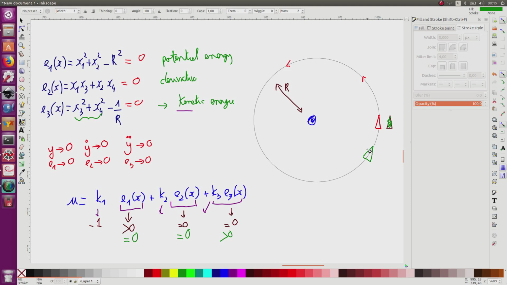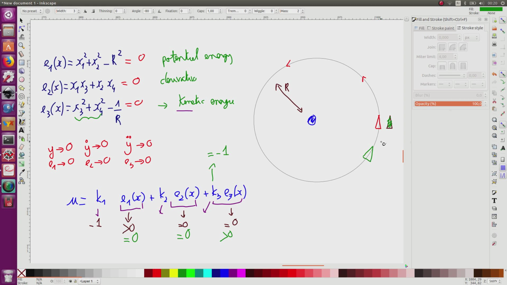What will appear in this situation? Probably, since the speed is larger, I will have a trajectory which is also an ellipse, and for the same explanation as before, I should reduce the energy. This is why I can take something like k3 equal to -1 to decrease the energy.